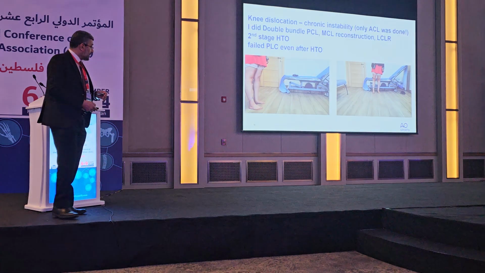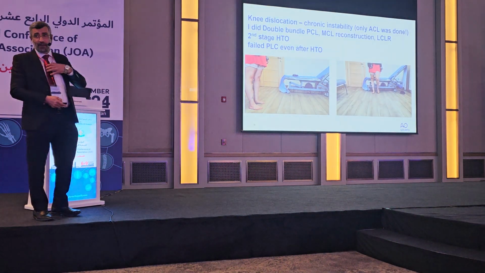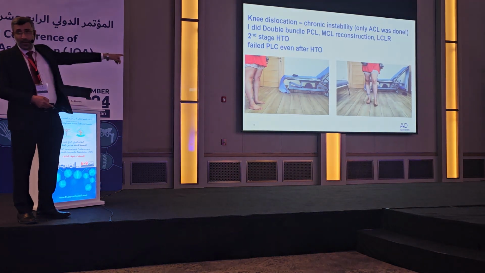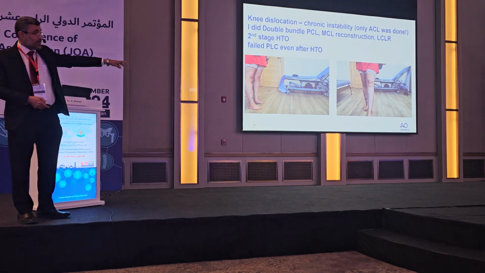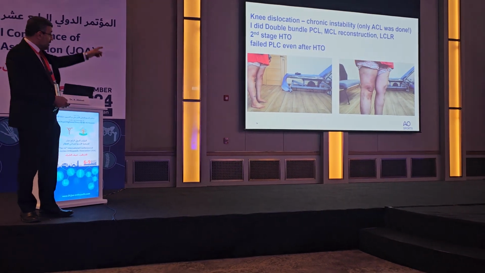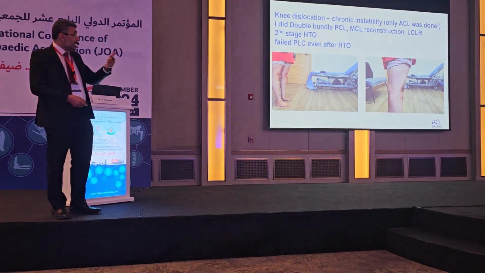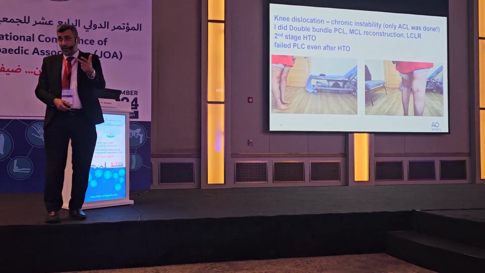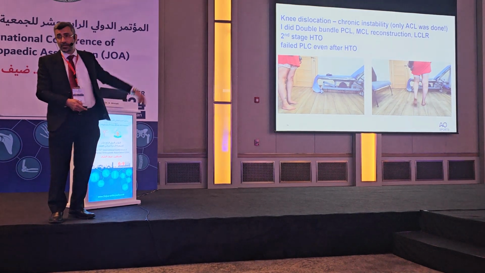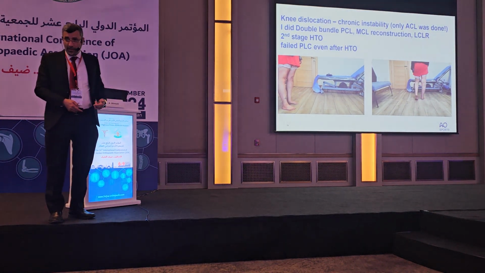Now, a more complex case. This is one of the cases I have learned from, because this patient had a four ligament knee dislocation, presented to me after only the ACL had been done by another surgeon. I did double bundle PCL, MCL, and also lateral collateral ligament, and in a later stage high tibial osteotomy, and with all that, look, she still has thrust. Why?